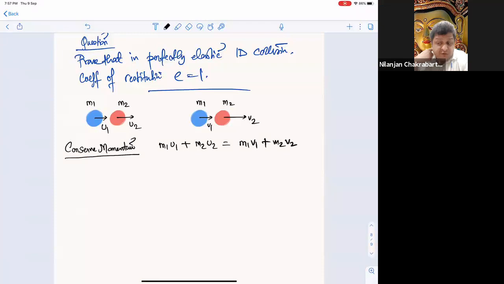I won't take whole responsibility of this, that if you write this, why they won't give marks. Here you have to write: m1 and m2 are two particles having velocities u1 and u2 before collision and velocities v1 and v2 after collision. That you have to write, otherwise who will know what is v1 u1 u2 v2, huh?